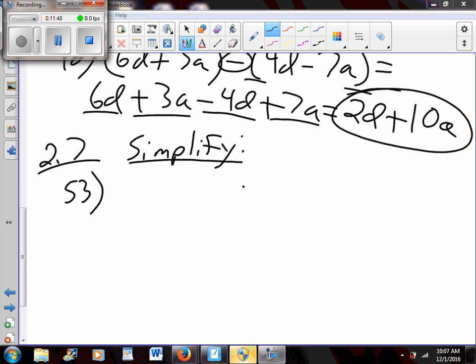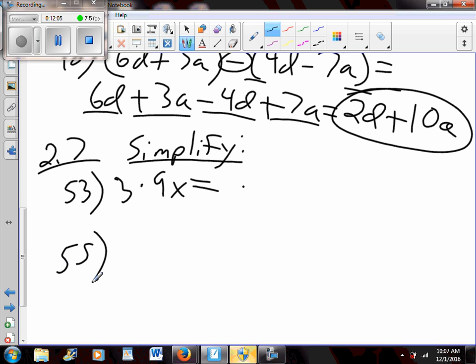Okay, guys, I'm going to put a few problems up here on the board, and I want y'all to work these out, okay? The first one is going to be 3 times 9x. I want to know what that equals, okay? Then I want you to do this one for me. Number 55 is going to be a negative 2, 7b times 7b minus 2.